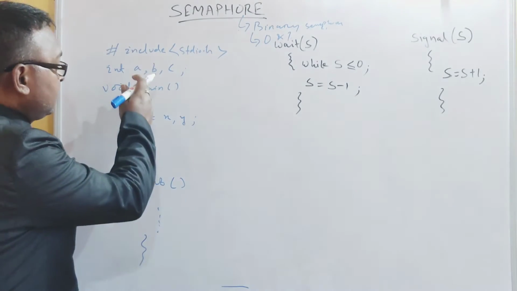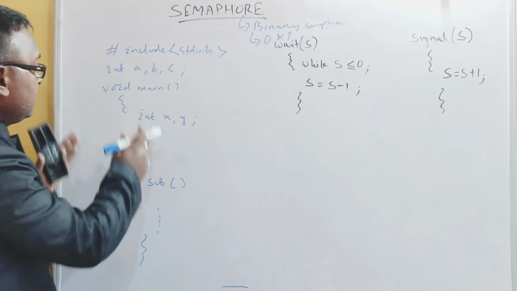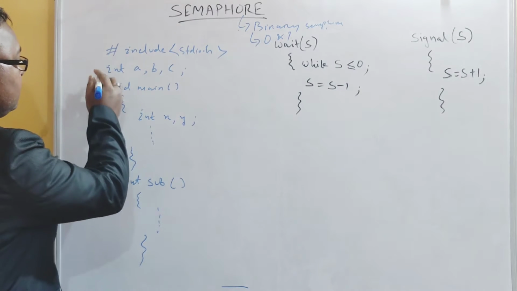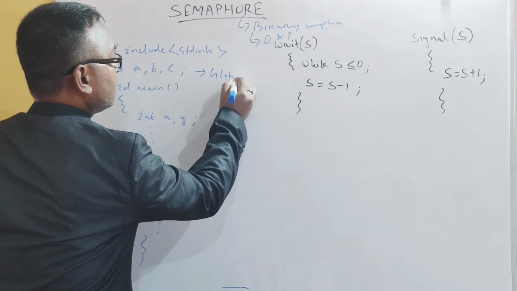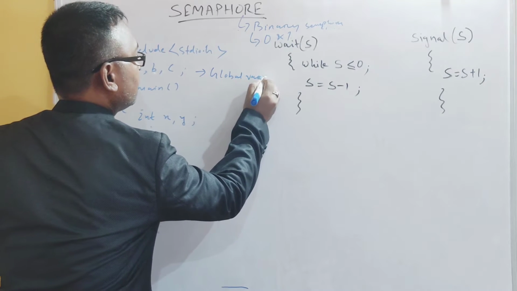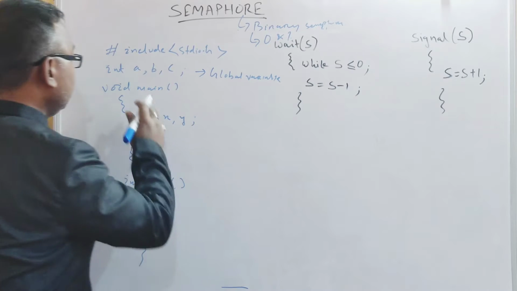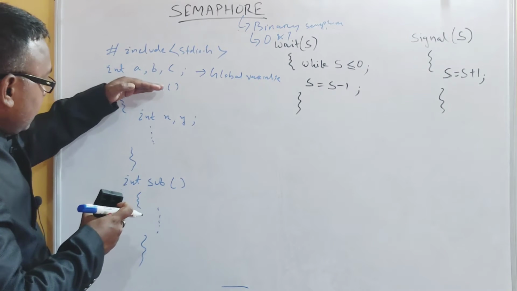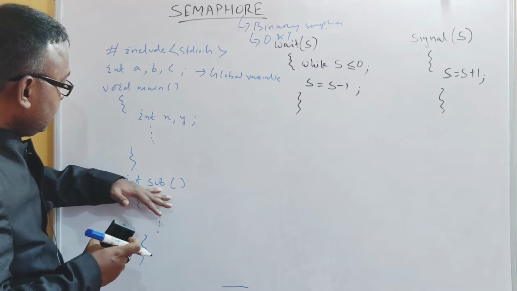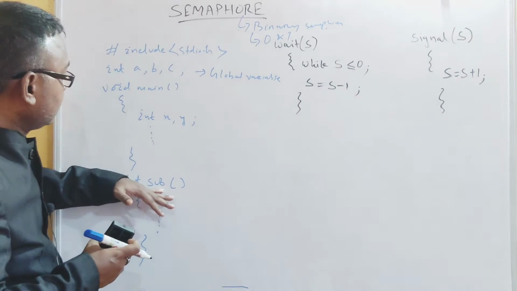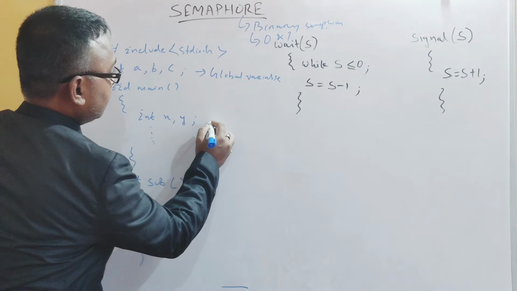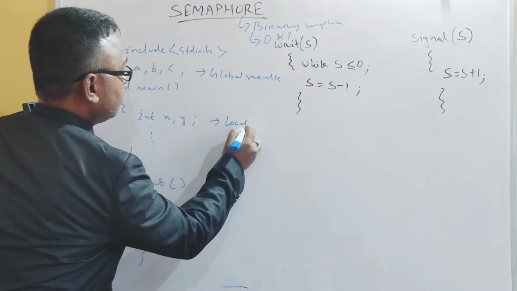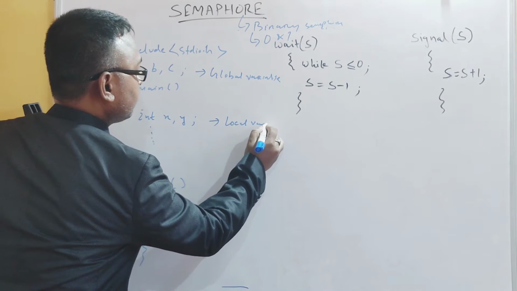So here you can see the simple C program. In this particular C program, I have declared this one as a global variable. If you look, there is the main function and here a SUB function, two functions, and inside I have declared the local variable in this particular function.